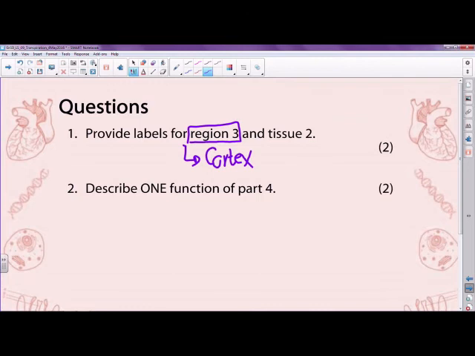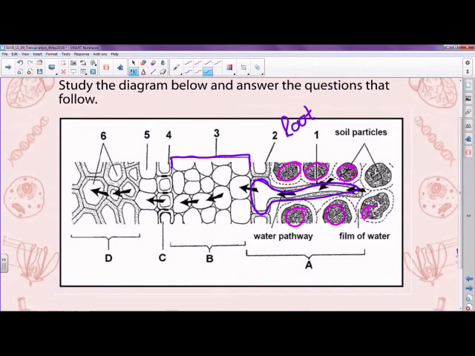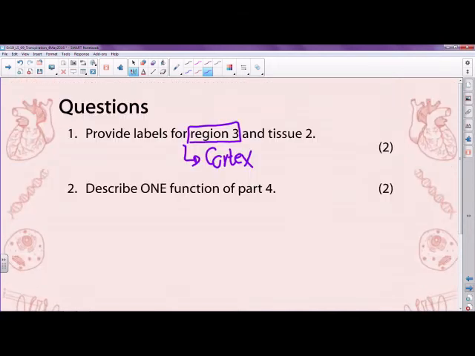Then tissue number 2, let's go back. Tissue number 2, that's where they asked you for the tissue. And tissue number 2 was on the outside, and your answer should have been epidermal tissue. I think this one might have been a little bit of the one that you battled with.